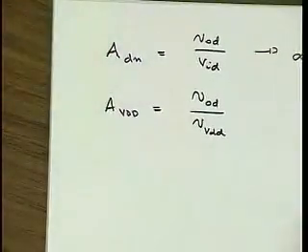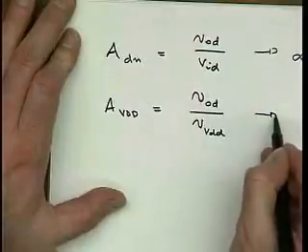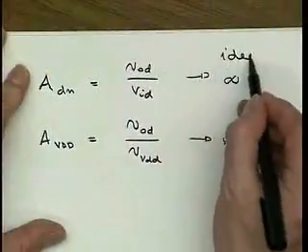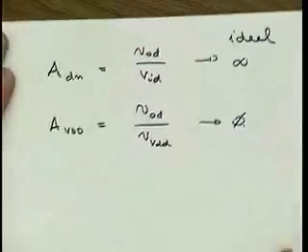VDD, it's an input, right? We prefer it wasn't, but right, so ideally this gain would be 0.